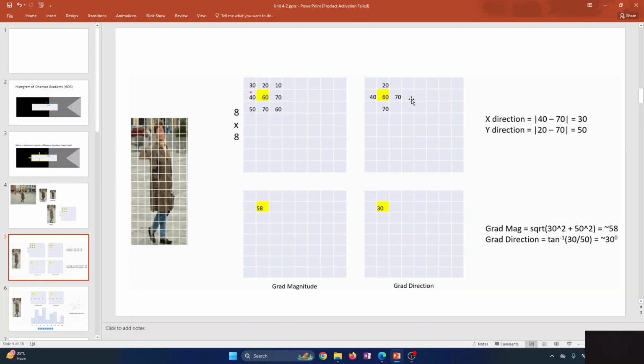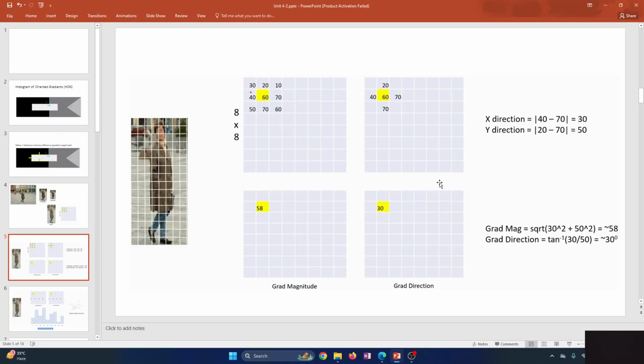So 40 minus 70 is 30. Now same goes for y direction. 20 minus 70 is minus 50, but since we are considering only positive values, that will be your 50. Now this should be clear to you. Okay, very simple and basic thing.